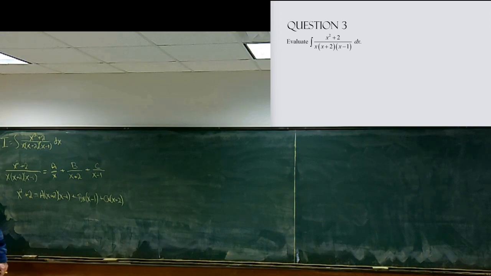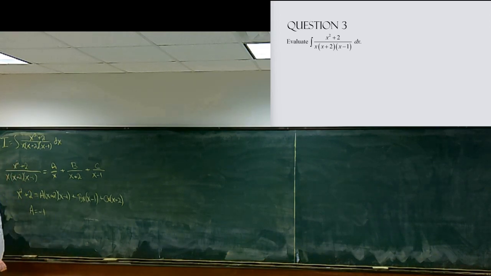If you let x equal 0, you can solve for A. So negative 2A has to be 2. So A is minus 1. Let x be negative 2.